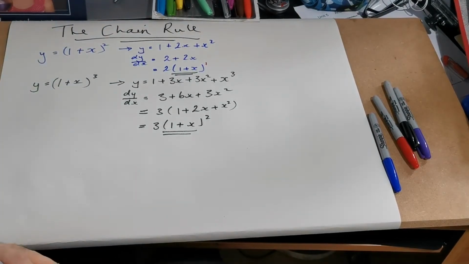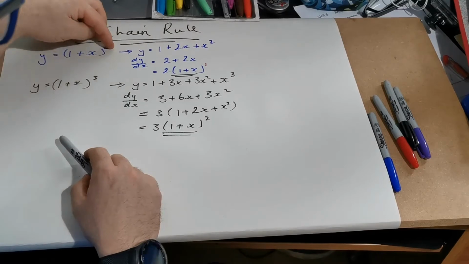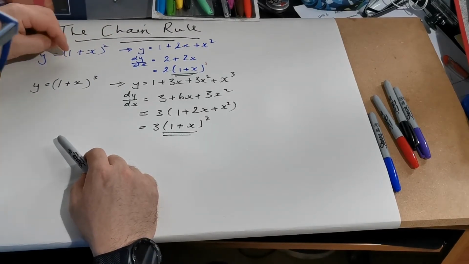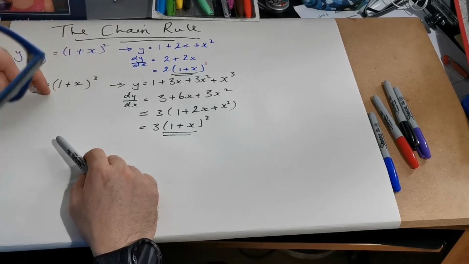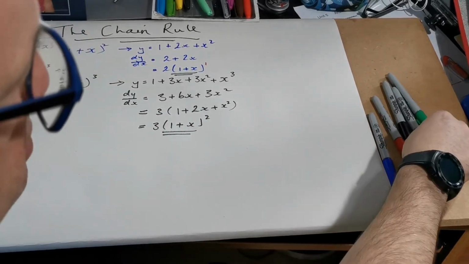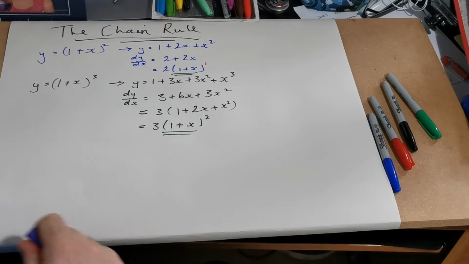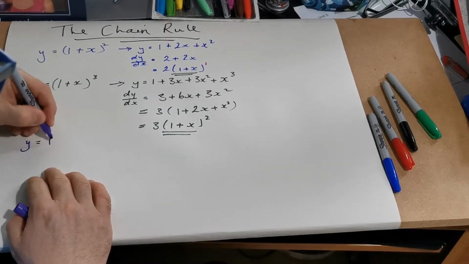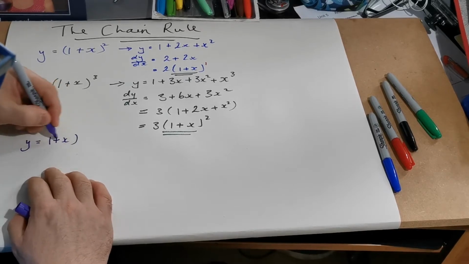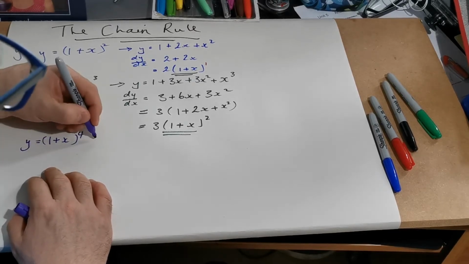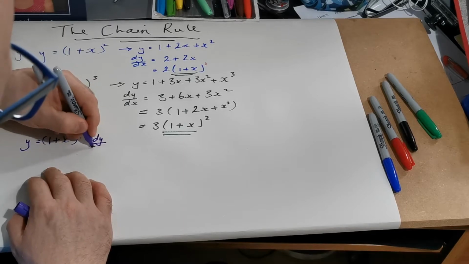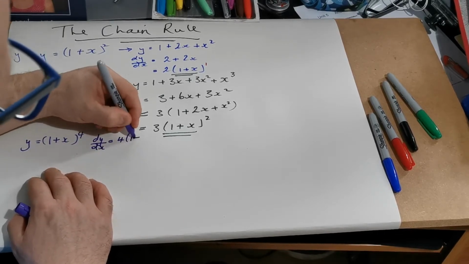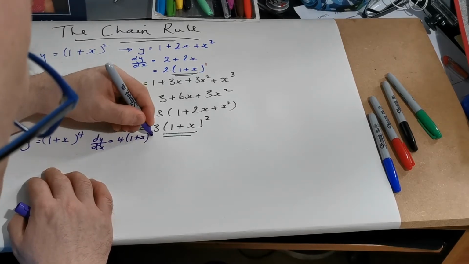So I think you can see that in this first case I've reduced the power by 1 and multiplied by the old power, and here too, as you would expect with normal differentiation. So if y was equal to (1 plus x) to the 4, then dy by dx I would expect to equal 4(1 plus x) cubed.